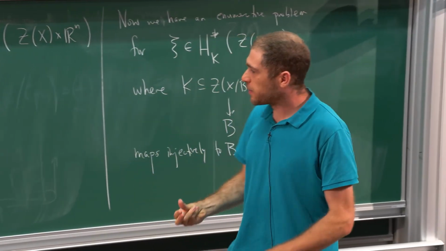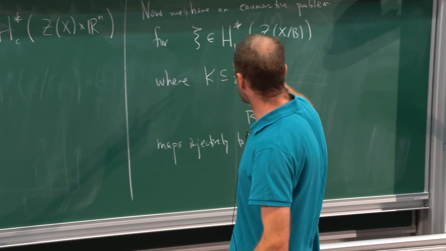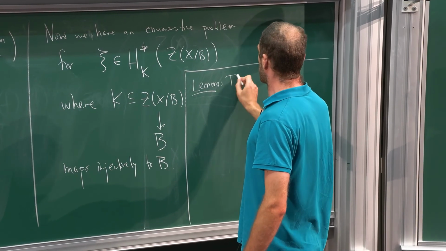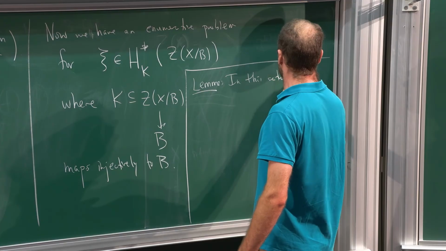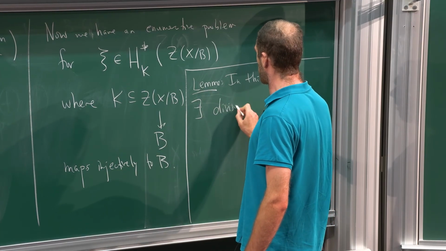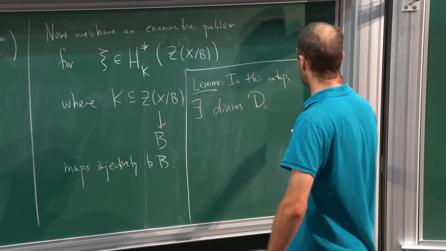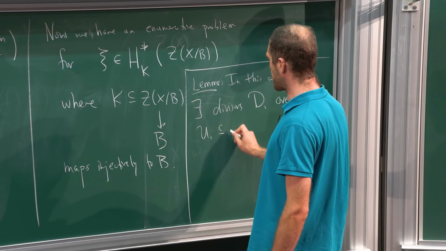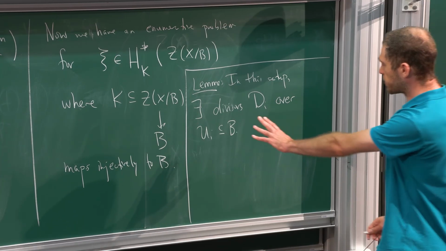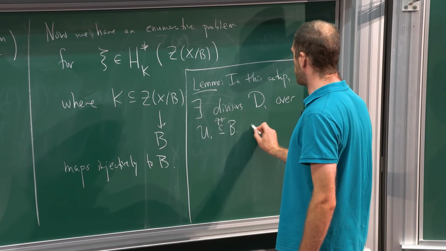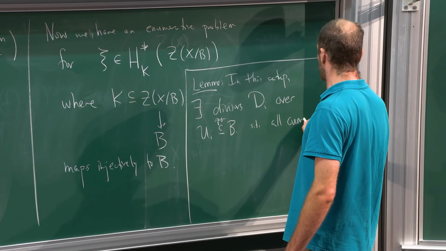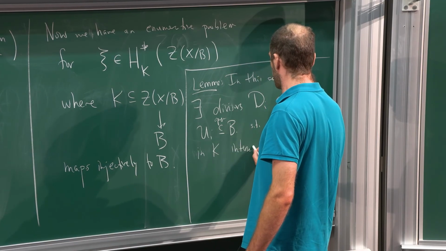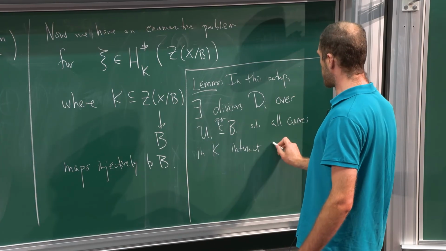The lemma states that when you're in this situation, we can always choose these divisors di over some open sets inside B. I don't say open cover, just open sets, such that all curves in K intersect some di.